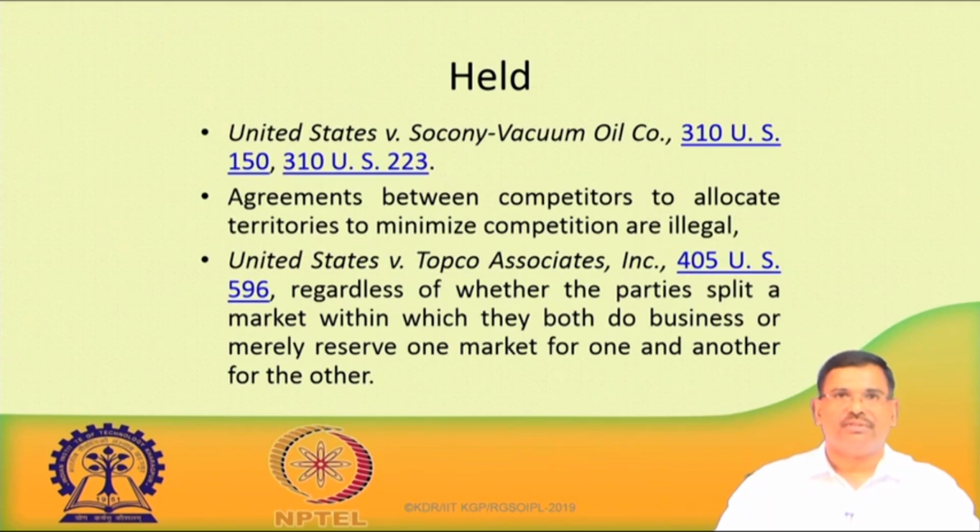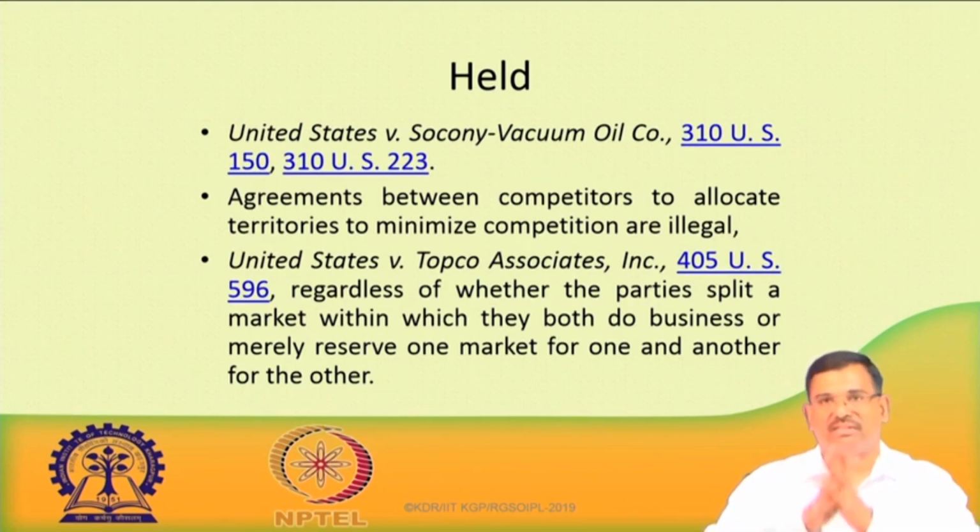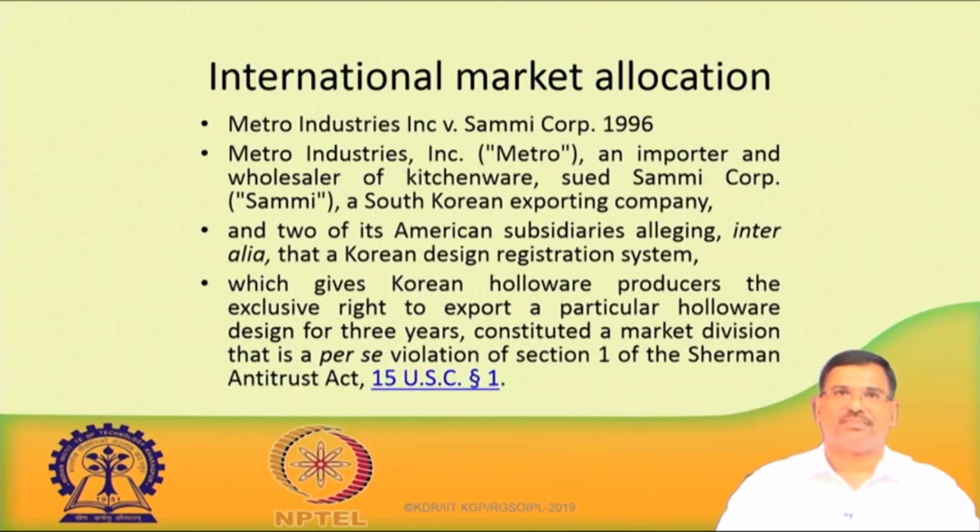So, in Topco, the earlier decision, the parties split the market and reserved territories for their business. These are absolutely in violation, because the prices have gone up and the conditions of the competition provisions are violated.